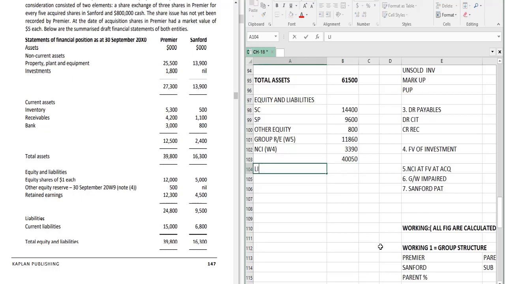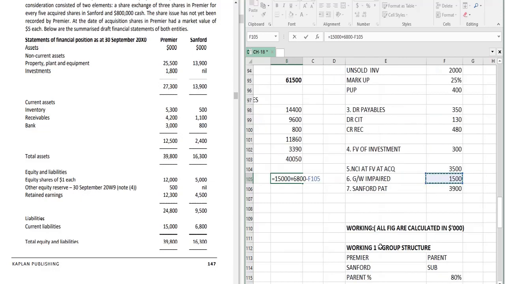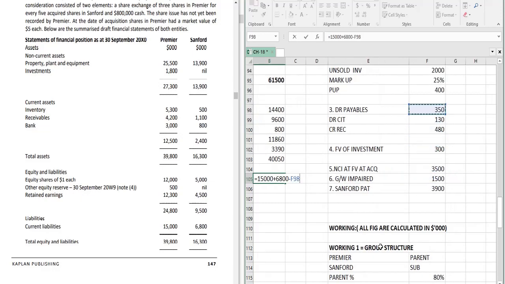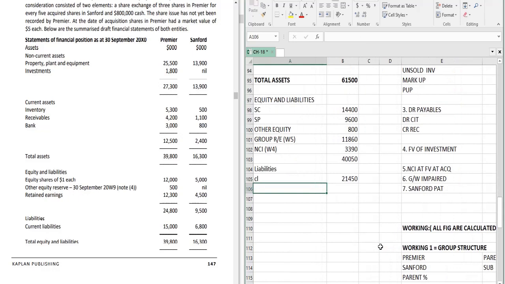Now liabilities, we have current liabilities 15,000 plus 6,800 and minus the payables. Okay, so we don't have non-current liabilities, so we will add up this amount.